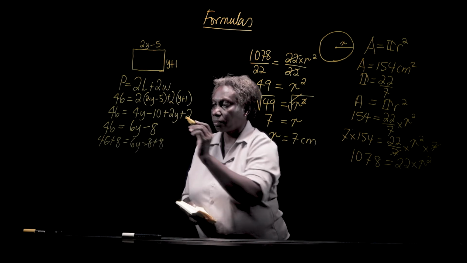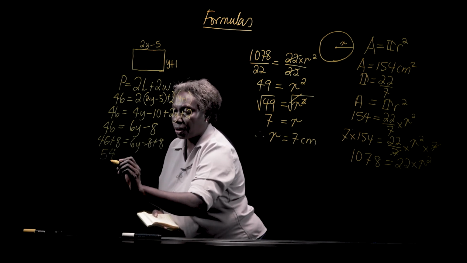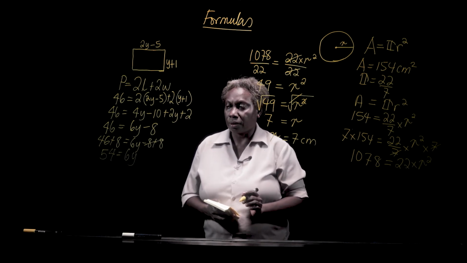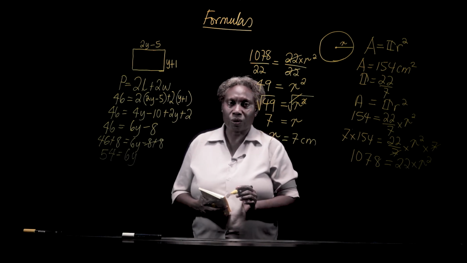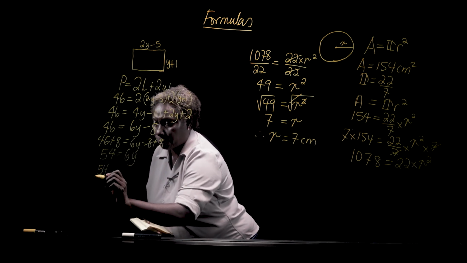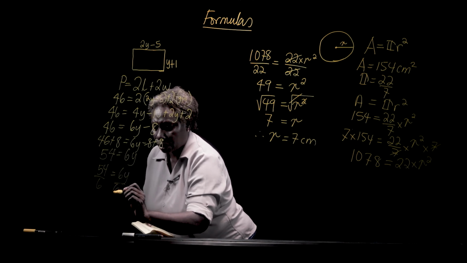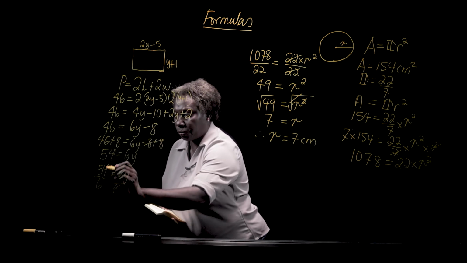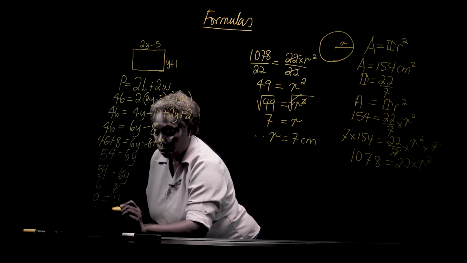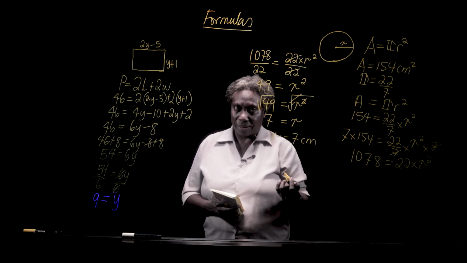This cancels out. 46 plus 8 is 54. 54 equals 6y. Now, what do we do next? We divide both sides of the equation by 6. 54 divided by 6 equals 6y on 6. That cancels out. 54 divided by 6 is 9. So 9 equals y. Therefore, the value of y is 9.